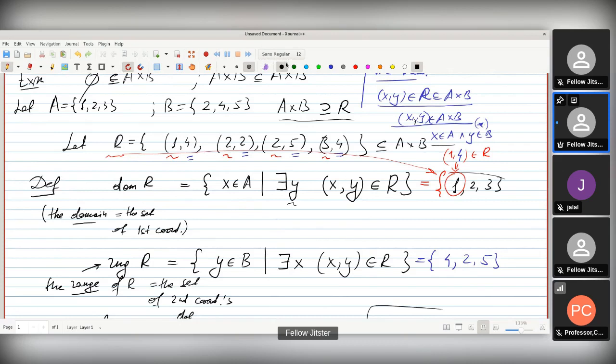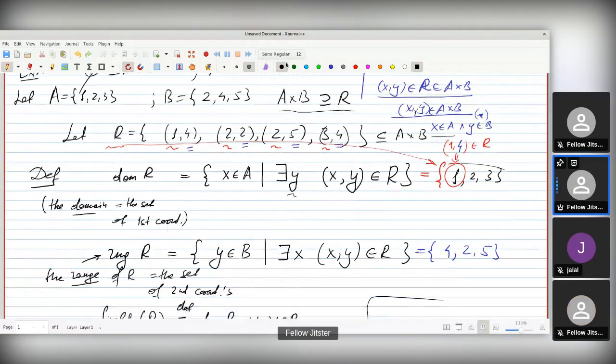But I want to give you the main idea of this diagram. A diagram is a vivid way to depict our relation.